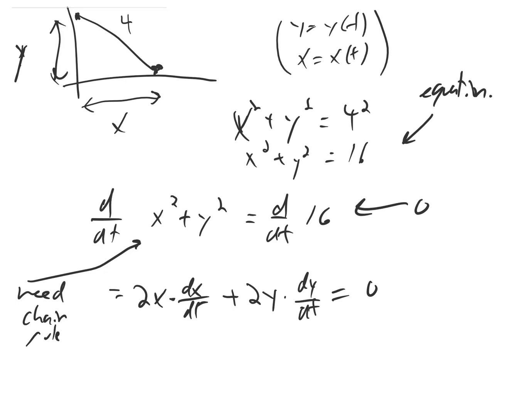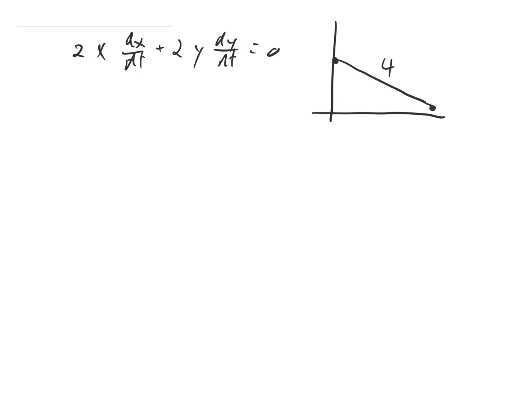Let's plug in what we can from the given information in the problem statement. We were given that the ladder is falling at 2 meters per second. So that means dy/dt equals -2.